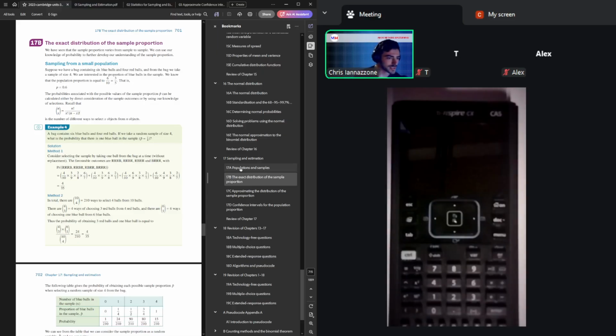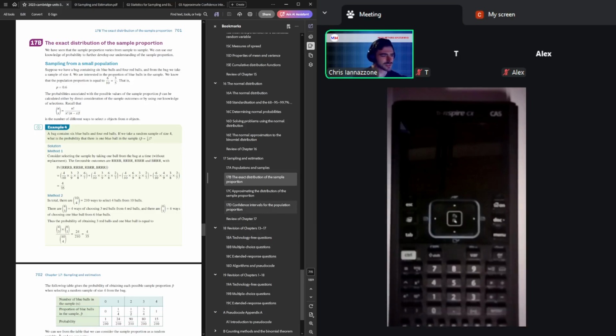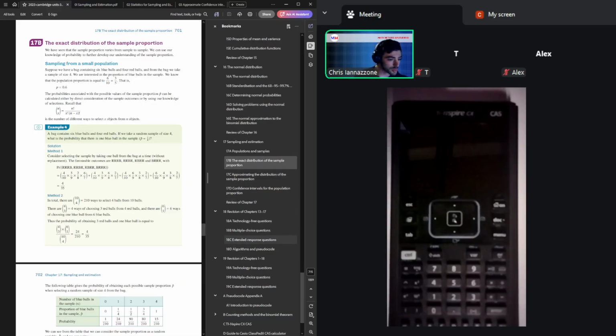What you'll find is that you pretty much use the exact same methods you've already been using for discrete probability and binomial probability for this area of study, and then just sort of applying it and ever so slightly changing things around to accommodate the specifics of the Chapter 17 stuff. And then that's pretty much it. From that point onwards, we'll be focused on SAC revision until everyone's done their SACs, and then exam revision.